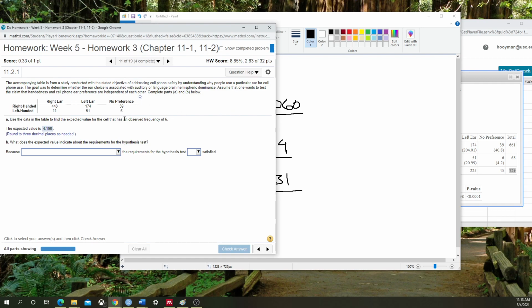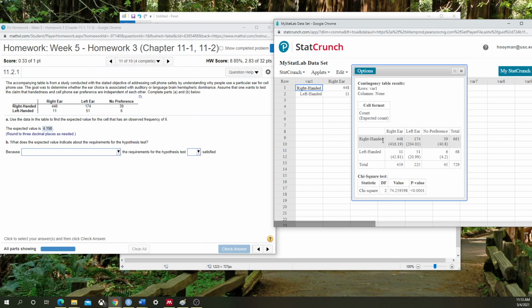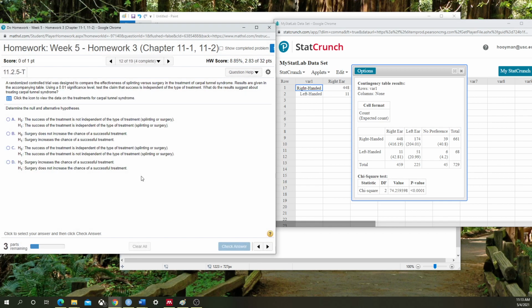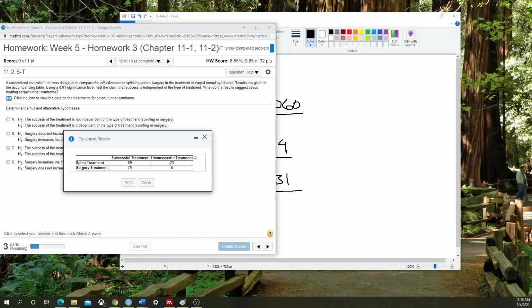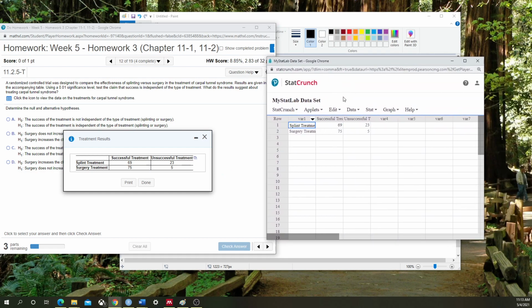As you can see in other questions, it's going to again ask you for statistics as you move on. I think the next one does something similar. Here we have a table that's similar to the previous one. I'm going to open that in StatCrunch really quick. As you can see, it's the same format as before.